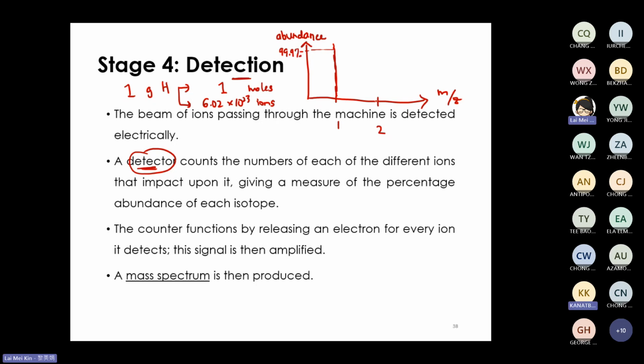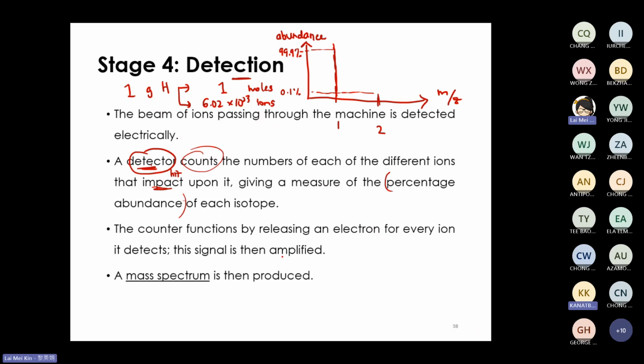And then let's say hydrogen-2. There won't suddenly be one hydrogen-2, so I have a lower peak, around 0.1%. So this is the meaning of the detector counting how many times my ions hit. Impact means hit on the detector, and this gives you the percentage abundance.